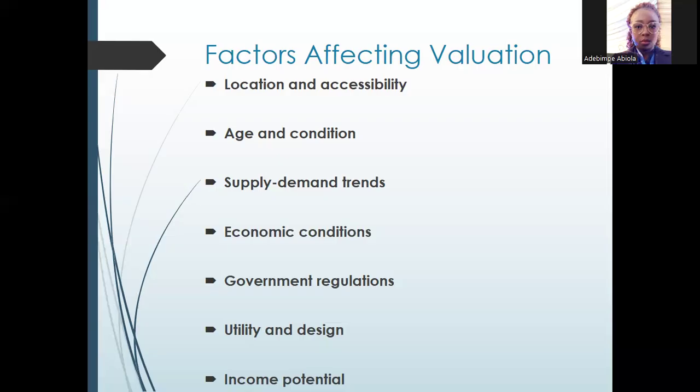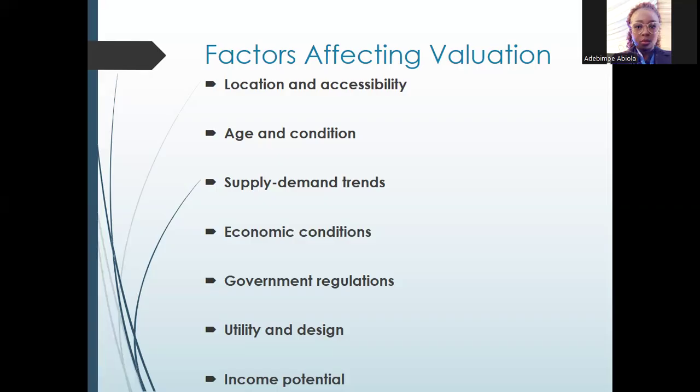In a situation whereby it is a prime location, definitely the value is expected to be high compared to what you have in probably a developing area. So then in terms of accessibility, the facilities that serve the neighborhood, the facilities that surround where the property is located, will definitely affect valuation.